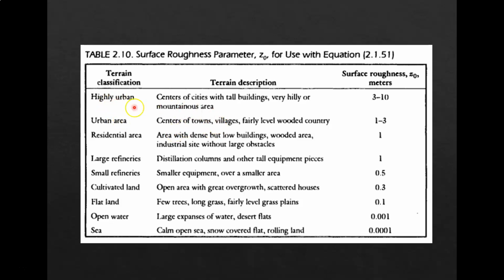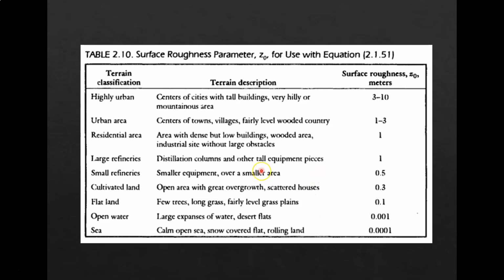As you can see, going down this terrain classification, the surface roughness usually gets lower, from large refineries, then small refineries, cultivated land, until open water and sea, where the surface roughness is nearly 0, 0.001 and also 0.001.